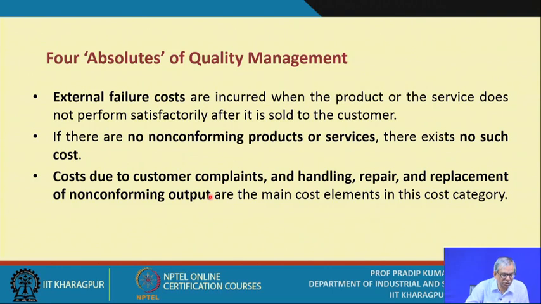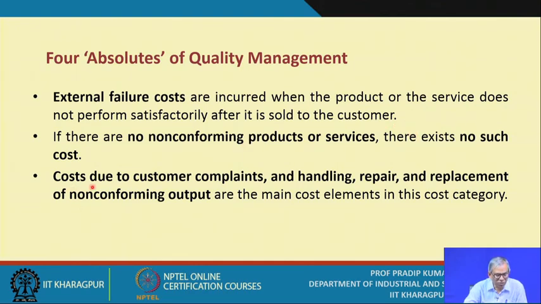Now what are the external failure costs? These costs are incurred when the product or the service does not perform satisfactorily after it is sold to the customer. That means it is in the domain of quality of performance. If there are no non-conforming products or services, there exists no such cost. That is the point to be noted.